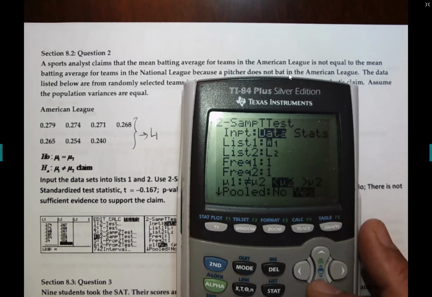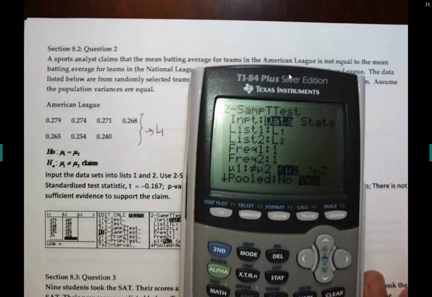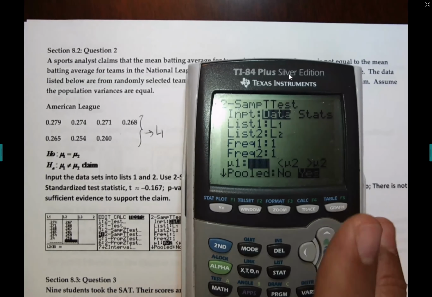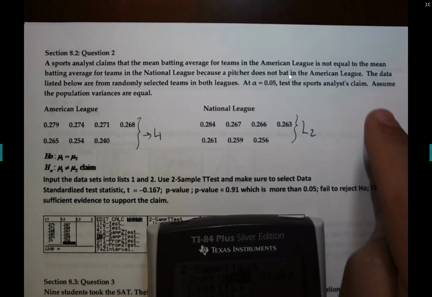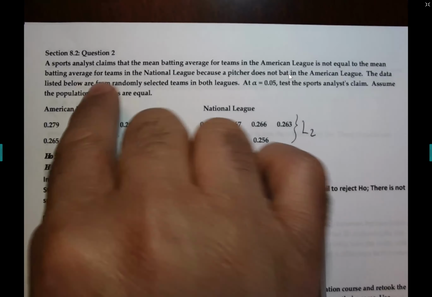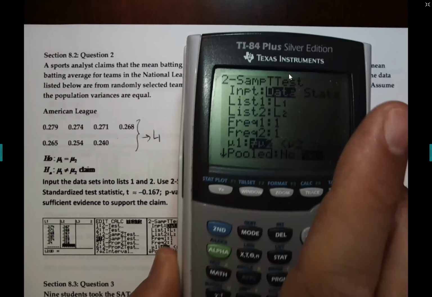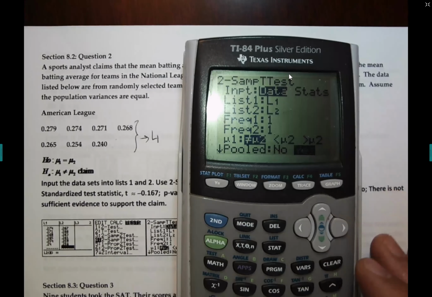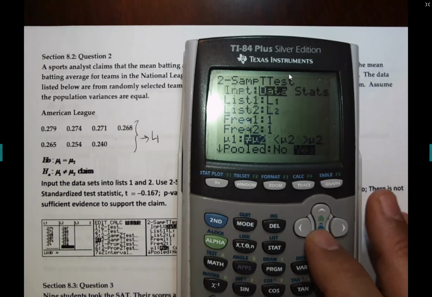Okay, lists L1, L2, leave the 1 alone. The alternative hypothesis is mu1 is different from mu2, great. And Pooled, no or yes? Let's see what it says in the problem: assume population variances are equal. So that means it's a yes. Please don't ignore this. It will change the formula. You get two different formulas, whether you do pooled or not pooled.